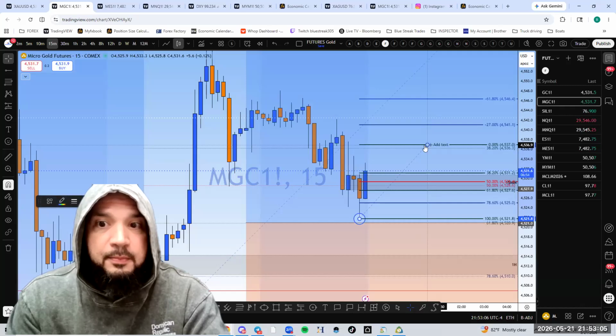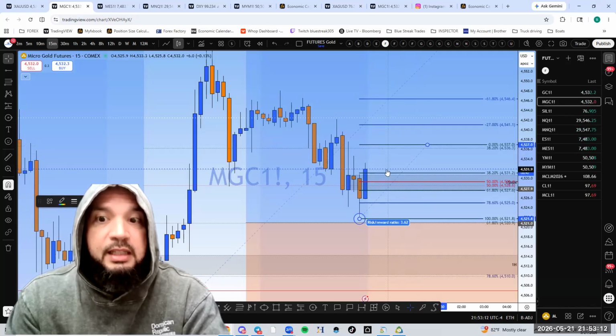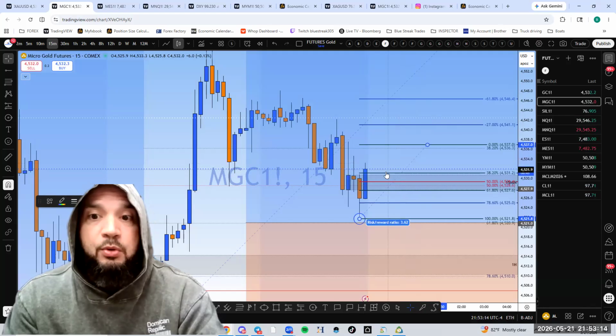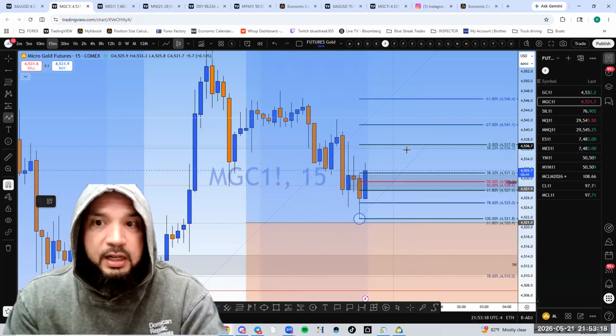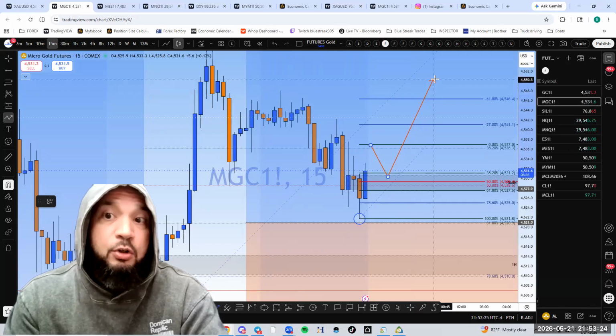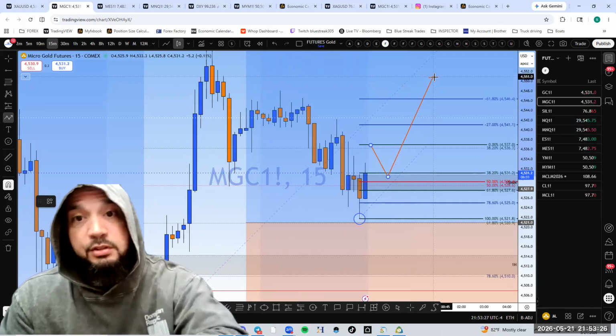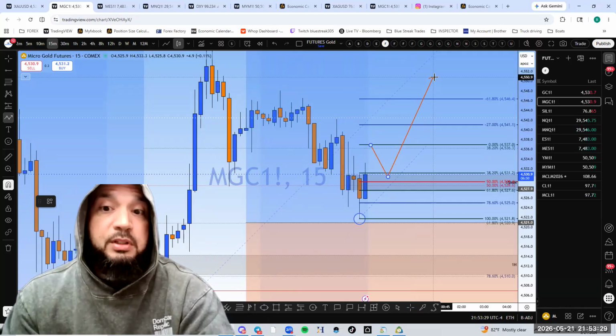Then I'd wait for it to show me that it wants to retrace, and then I'll start getting ready to place my order. I'll enter wherever point B lands, anywhere around here, and then I'll just take it up. I'll hold that until tomorrow when I wake up, and I'll see what it's done.